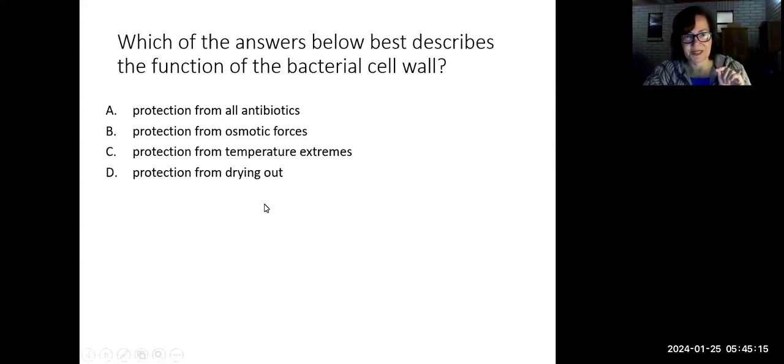The correct answer to this one would be protection from osmotic forces. It keeps the cell from filling up too much with water and lysing. I did mention in passing that it may provide some protection from some antibiotics, but not all the antibiotics.